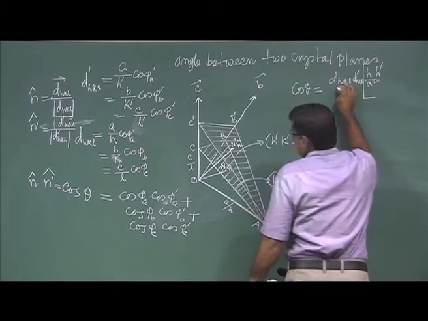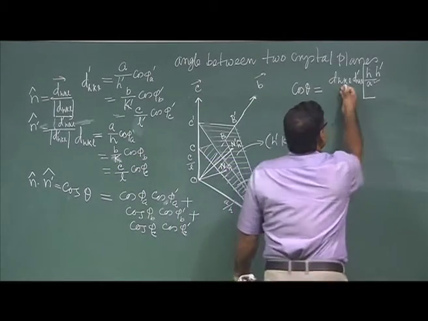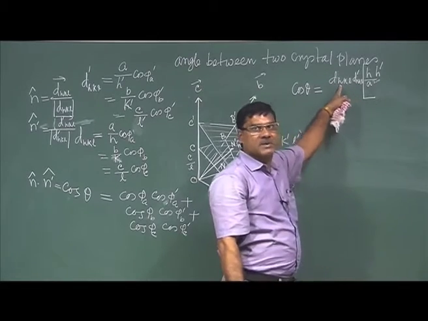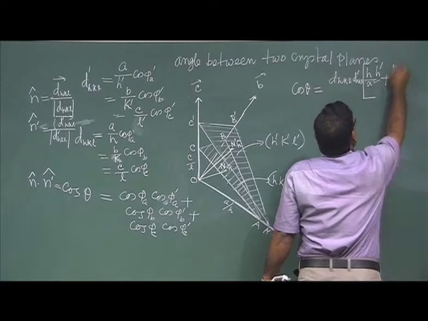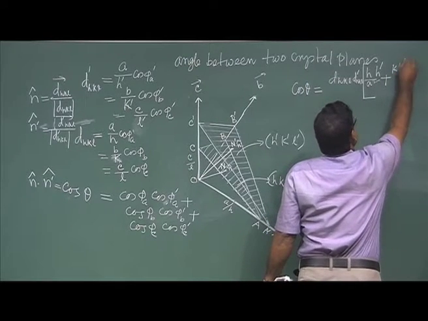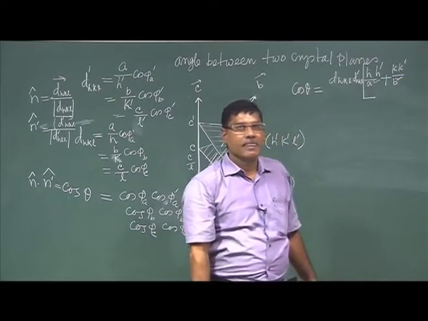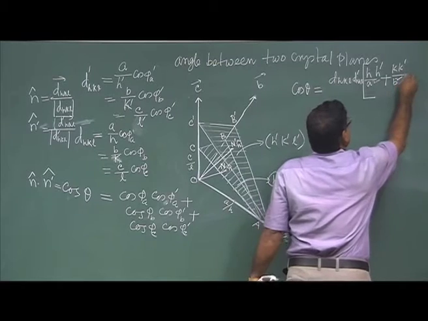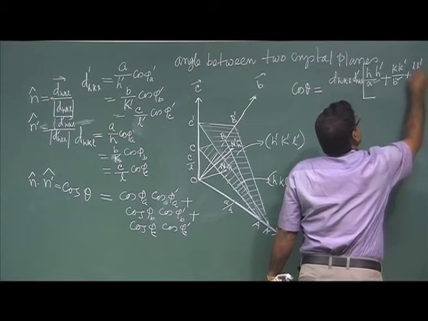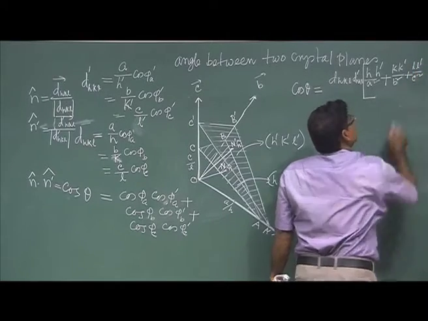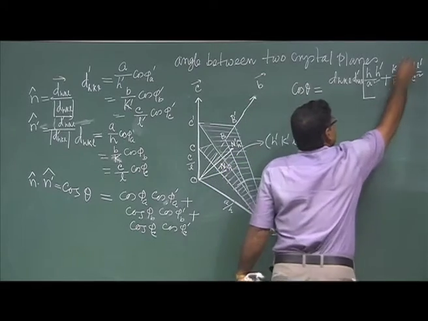So these two will come in each term. So if we take them common, then similarly the other terms, K dash by B square plus L dash by C square, right, that you will get basically.